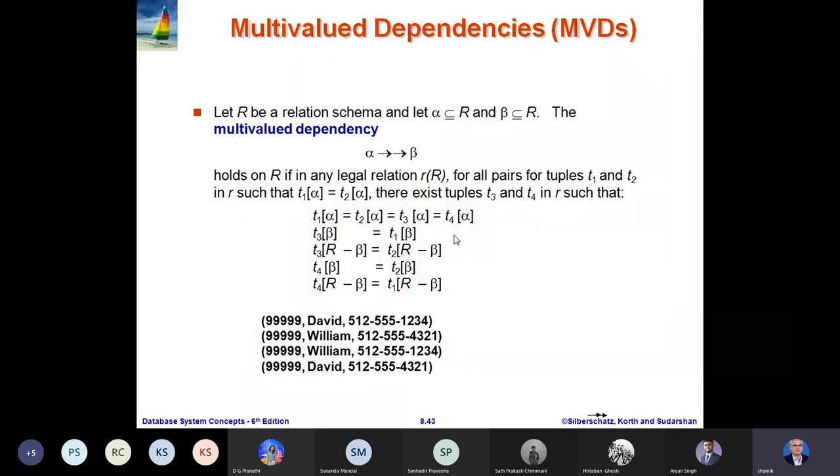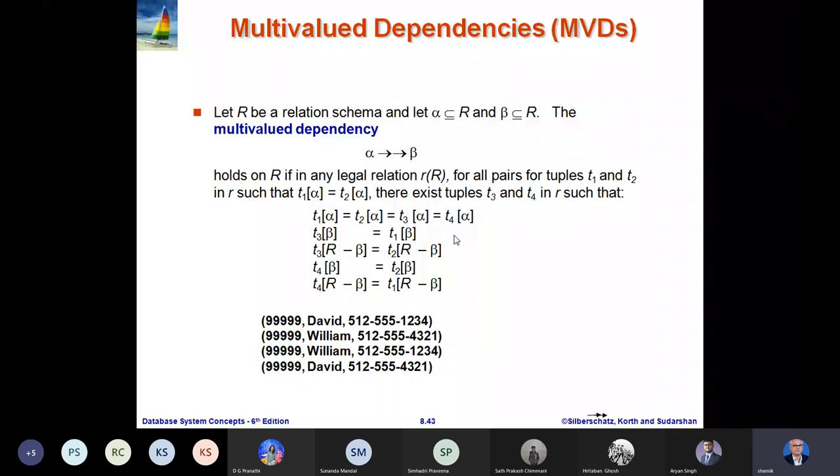In this example, alpha is this 99999. So this is the column for that, maybe the ID. That is matching between all of them, T1, T2, T3, T4, and T3 beta equals T1 beta. So you see that the number 512555123 is matching between T3 and T1, and the other aspect, R minus beta, is matching between T3 and T2.